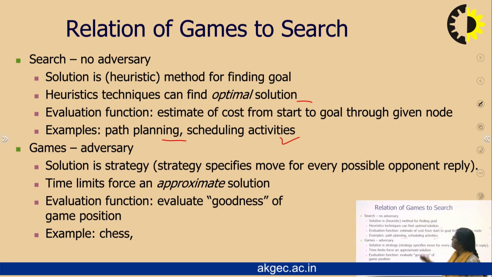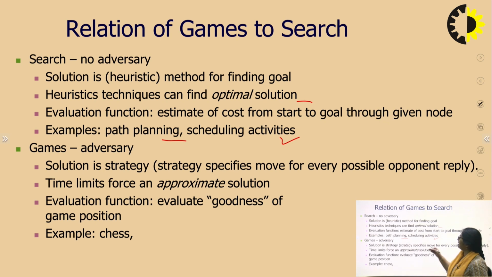For example, we plan a path to move from one city to another, or we schedule activities and processes. When we want the best solution for path planning or scheduling activities, we need a function to evaluate the cost. The evaluation function is used to estimate the cost from the start node to the goal node.